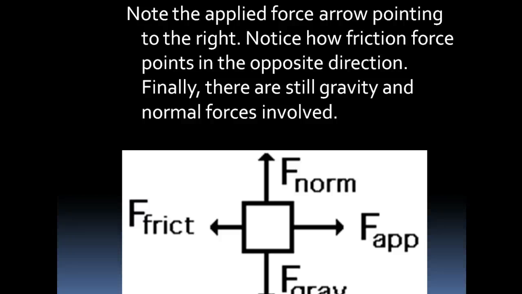It says the force applied was to the right, so we have a larger arrow to the right, and the force of friction will still oppose it, but it said we're moving to the right. So normal force and gravity cancel each other out, but the force applied will overcome the force of friction, allowing the book to move. And we'll demo this in class.